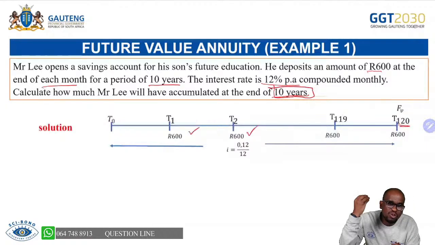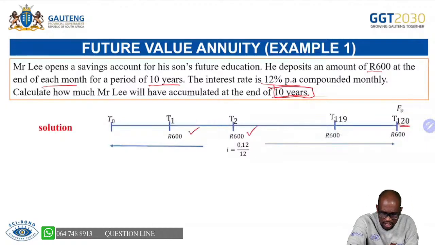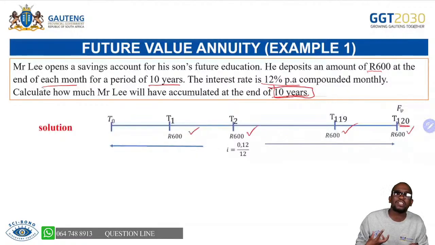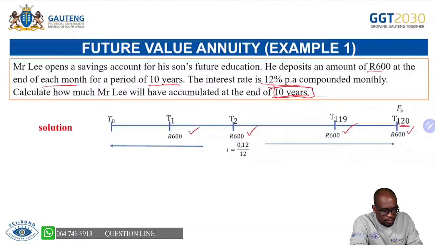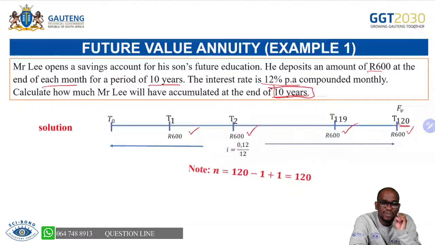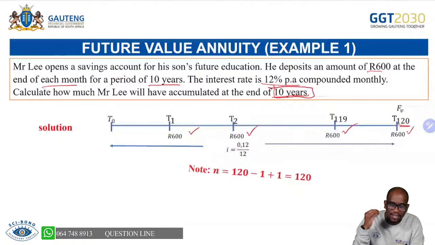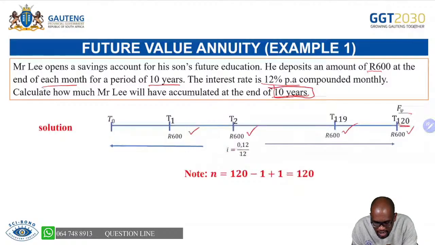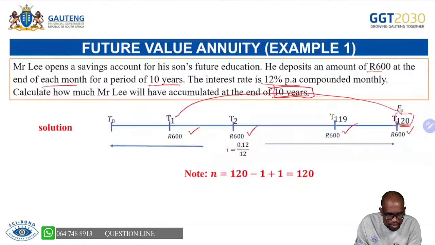So he's making those payments there, all right? There is the payment at 119. There is the payment at 120. Remember, the formula works to the last payment, all right? So now from here, we can then use our formula. Let's look at the number of payments. Remember, N represents the number of payments. How many payments are we making? We check the upper limit, which is the last payment that we've made.